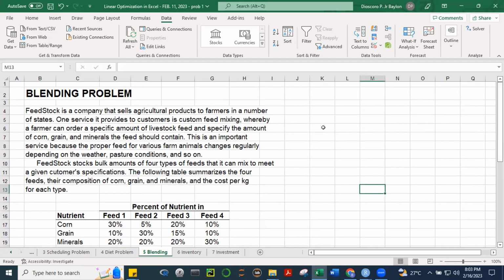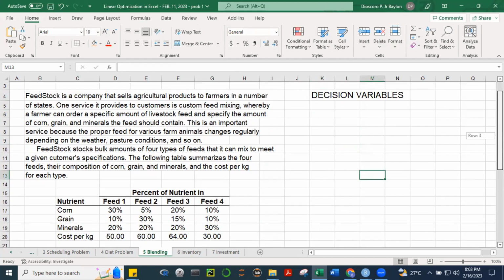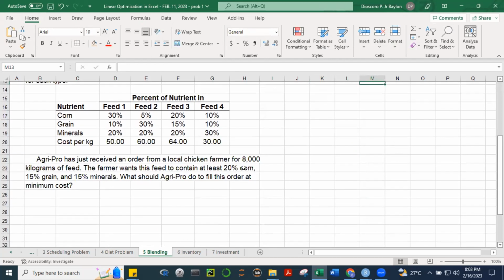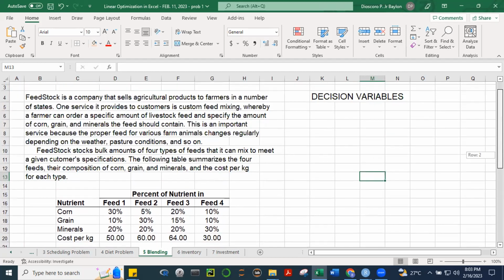Okay, so let's go through the process. Let's first identify our decision variables. What do you think are our decision variables here? In order to address this requirement of the farmer for 8,000 kilograms of feed, the farmer wants 20% corn, 15% grain, and 15% minerals.